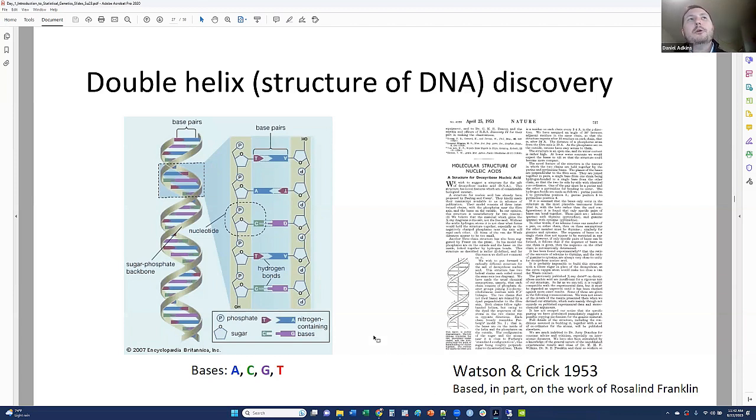Again, the double helix structure of DNA is generally attributed to Watson and Crick from their Nature paper in 1953.